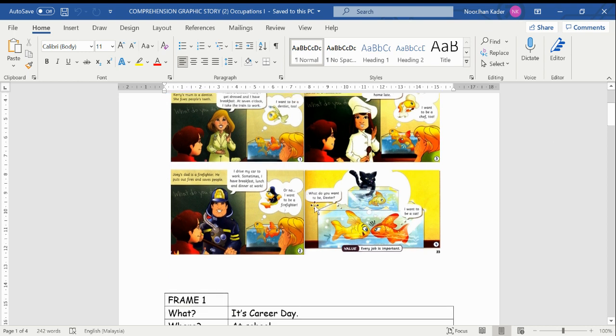And the last frame: what do you want to be, Dexter? The yellow goldfish asks the orange goldfish, who is actually Dexter. He replies, I want to be a cat. And there's some imagination going on with the orange goldfish, with Dexter.